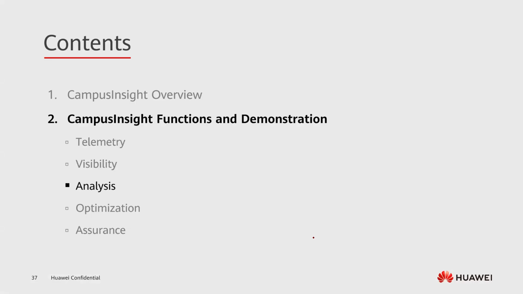Okay, this part is about visibility. For visibility, I just want to tell you the Campus Insight brings a lot of visibility methods for you, based on different dimensions such as the wireless network, the wired network, and also each client, each application, and also the terminals.